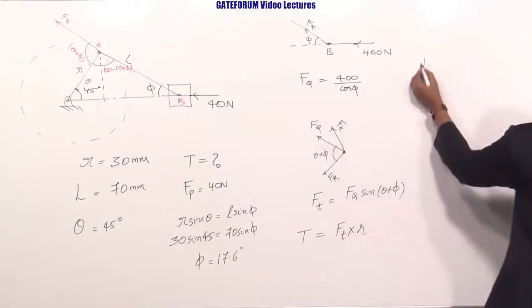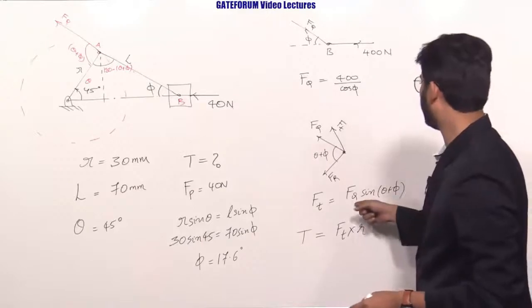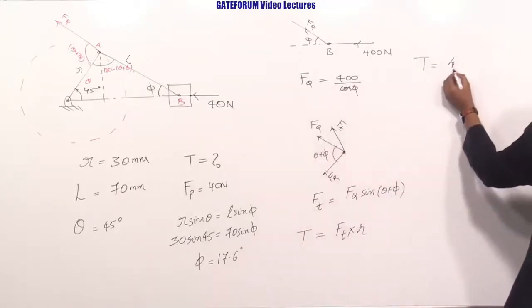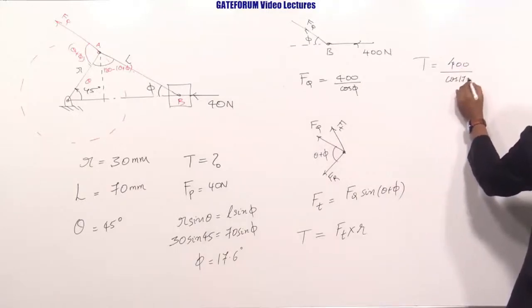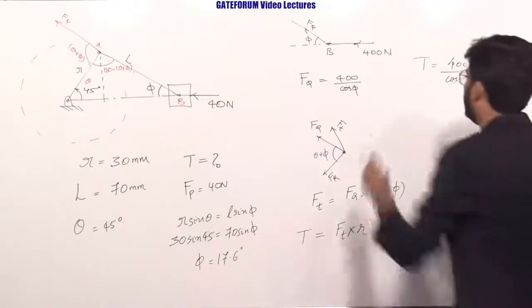Torque is equal to FT into R, where FT is FQ sine of theta plus phi. FQ is 400 by cos phi. Sorry, it is not 400, it is 40 newtons.